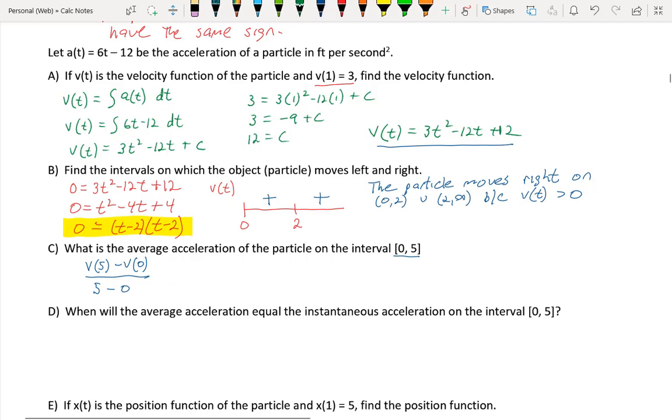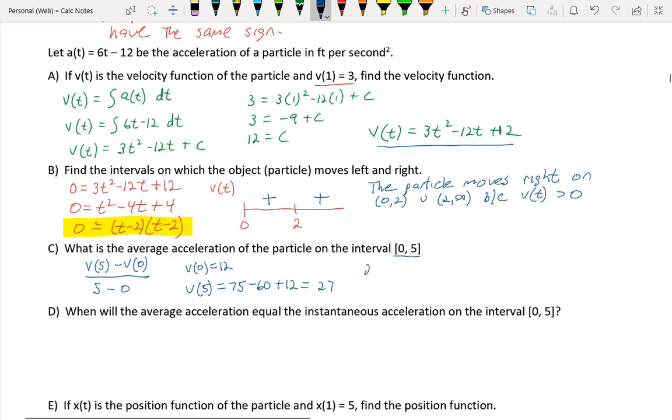So I'm going to do v of 0 equals 12. But then I still need v of 5, which I'm just going to do quickly here. V of 5, if you plug in 5, this is going to be 75 minus 60 plus 12, and so v of 5 turns out to be 27.